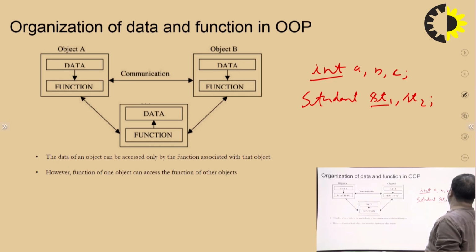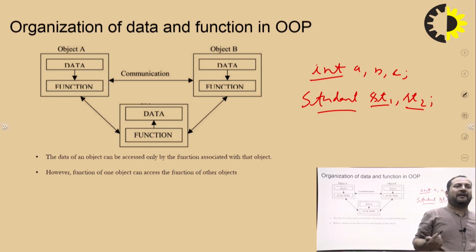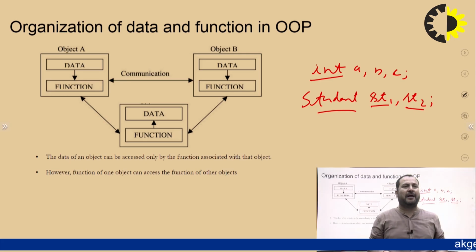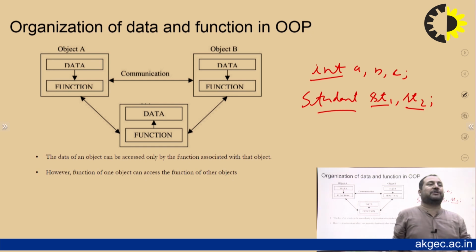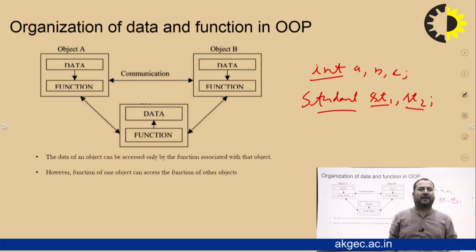Basically st1, st2 are nothing but variables of type class student, okay. So, objects are variables of type class, and class is a user defined data type, like student, employee, company and all that, right.